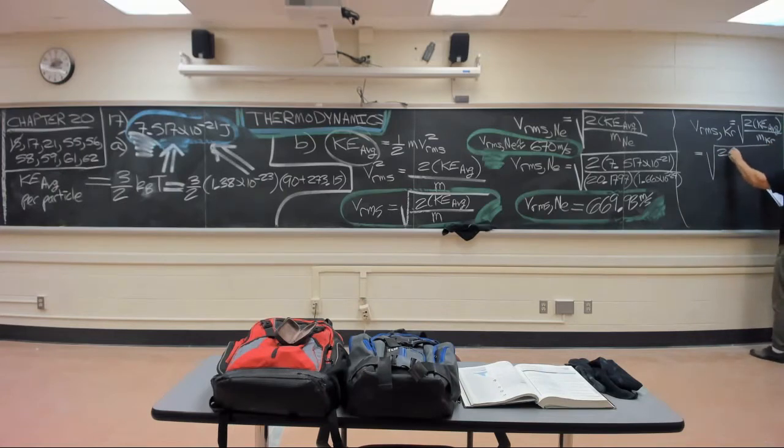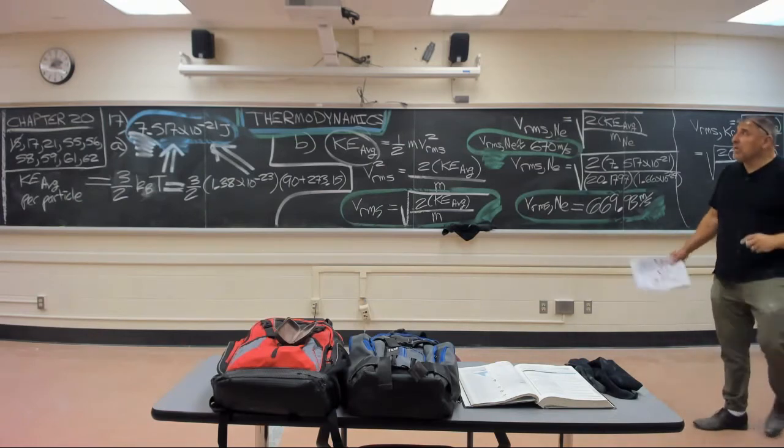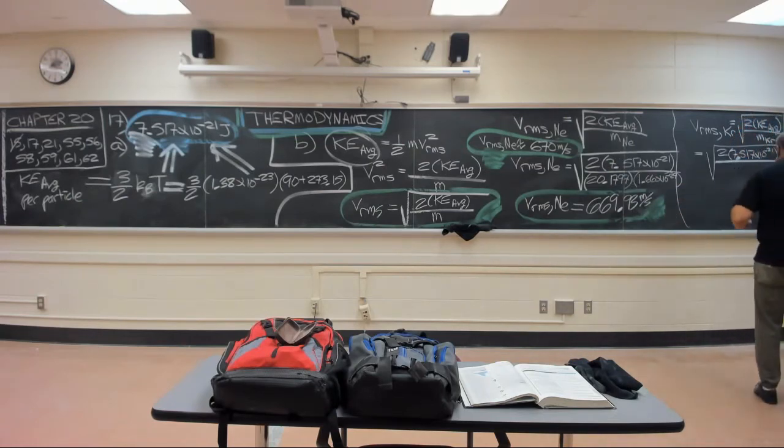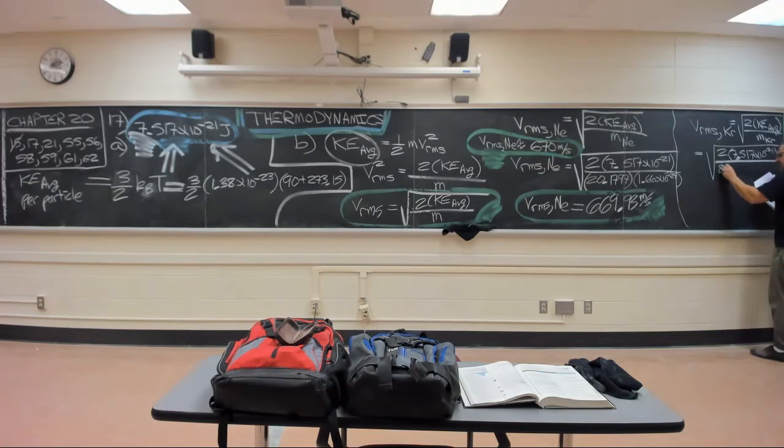You've got this. You got the 7.517 times 10 to the negative 21. Now we discovered that a while ago, way down there, guys. The atomic mass units is not 20-something. It's 83-something.